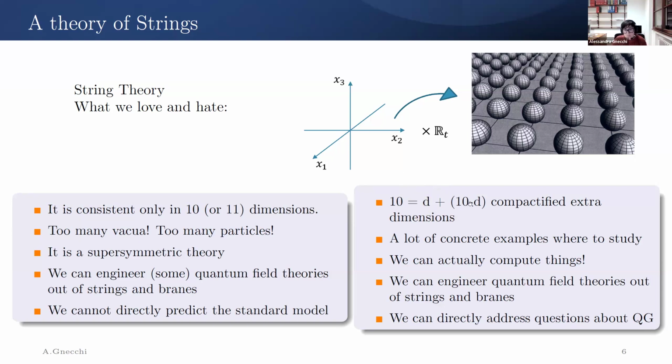In fact, there's nothing preventing us from having smaller compact dimensions that we have not been able to see yet at experiments. So we have to think of these 10 or 11 dimensions as the 4-dimensional universe we know, with, in addition, smaller 6 or 7-dimensional compact geometries that are so small that they are not extended.